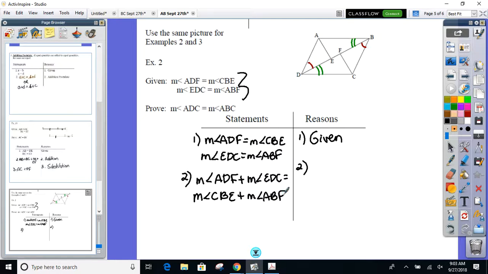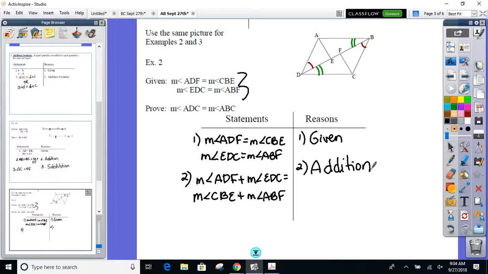Yep. And why is this statement true here? Why are these 2 added together the same as these 2 added together? What tells me that? Addition: when you add 2 pairs of equal quantities, the results are equal. But again, that's not what I asked you to prove.